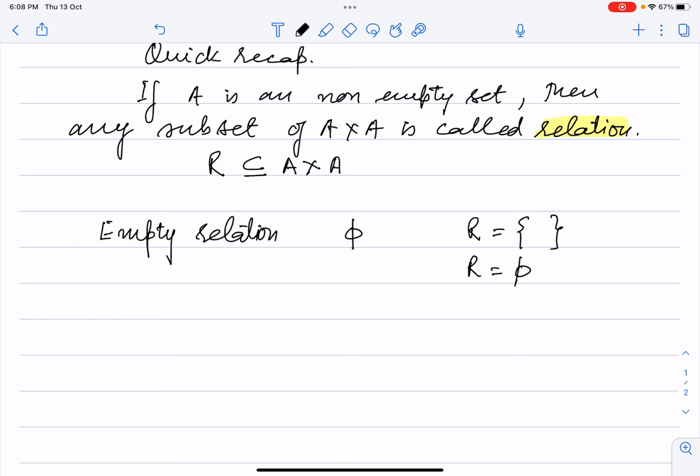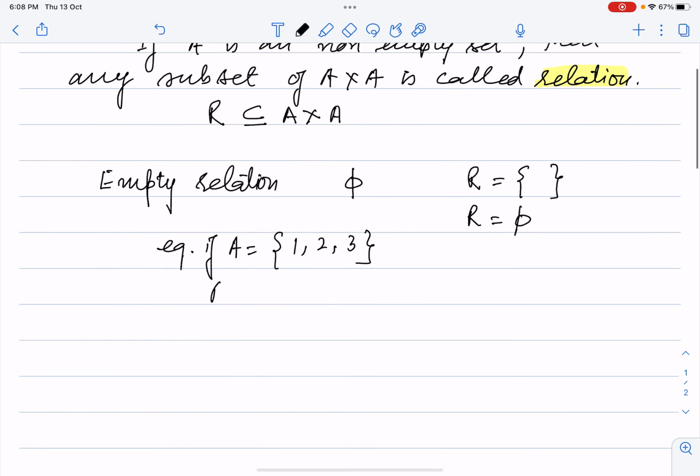And phi is known as the empty relation. For example, if A is {1, 2, 3}, suppose there are 3 elements in the set A, and I say R is a relation {(a, b) such that (a, b) belongs to A cross A and a plus b is equal to 10}.